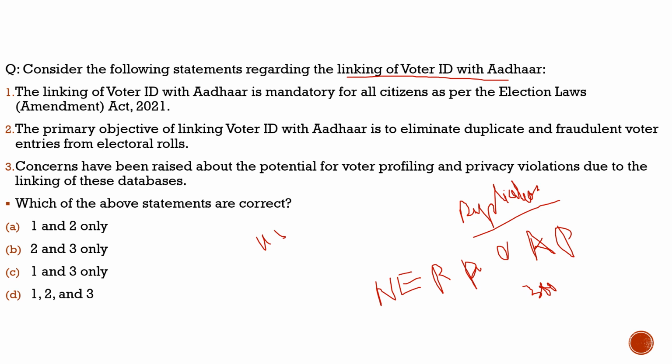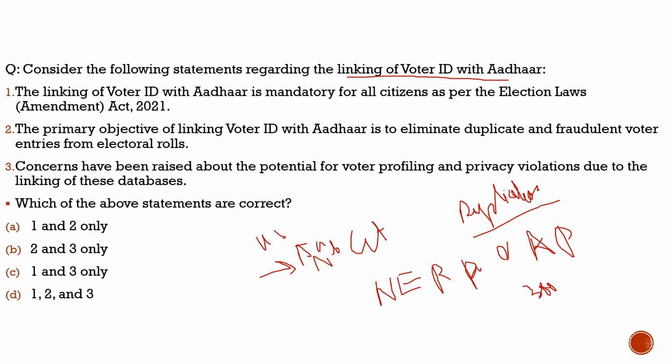It said that Aadhaar is very necessary, but at the same time it said that Aadhaar is not proof of citizenship. So in this way, you cannot link voter IDs with Aadhaar. This was what the Puttaswamy judgment in 2018 came up with.